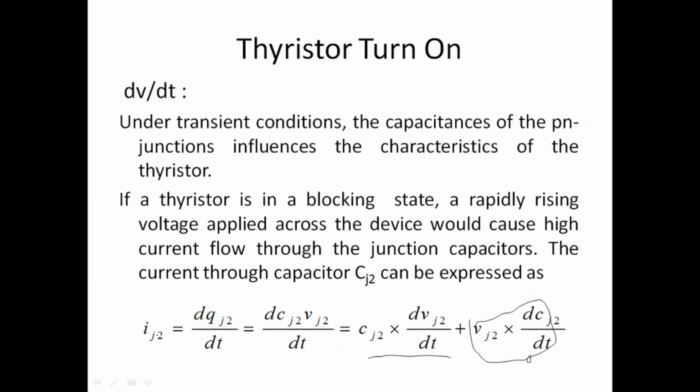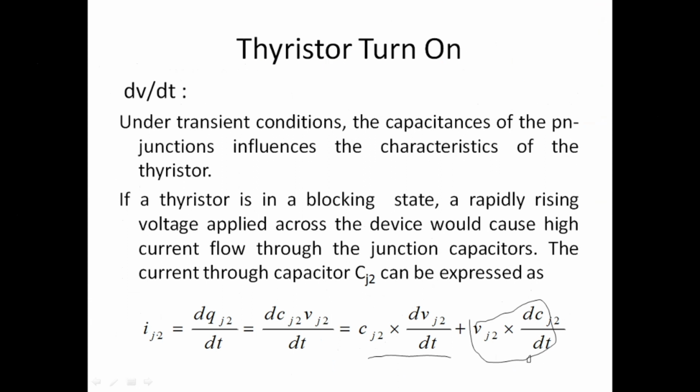You can study that later. First of all, I am introducing this dV by dt problem. If any high variation in the applied voltage occurs within a short duration, what happens? Junction J2 is already reverse biased and acts like a capacitor, so a high charging current will flow.